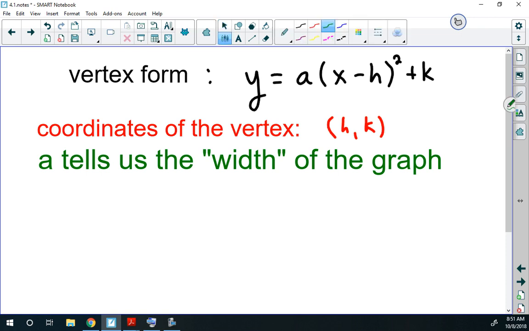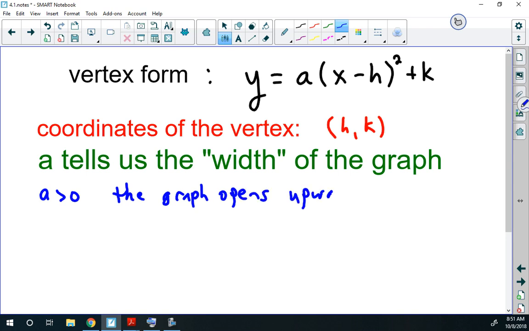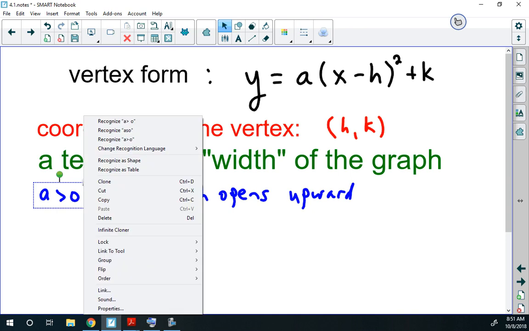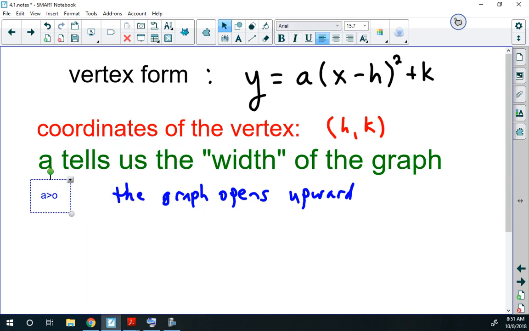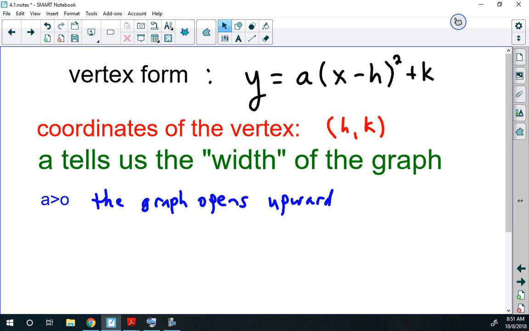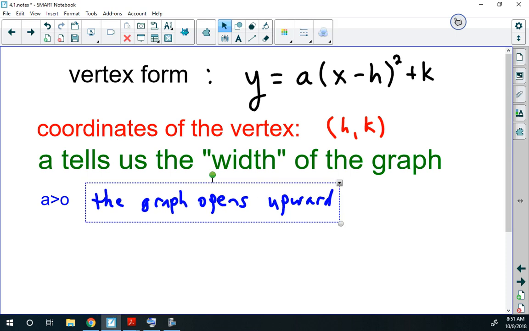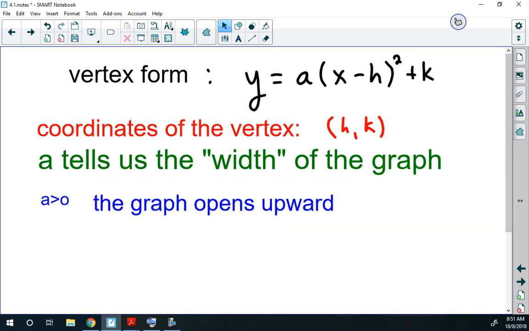Maybe we might remember if a is positive, the graph is going to open upward. So if a is greater than 0, that just means it's positive, then the graph opens upward.